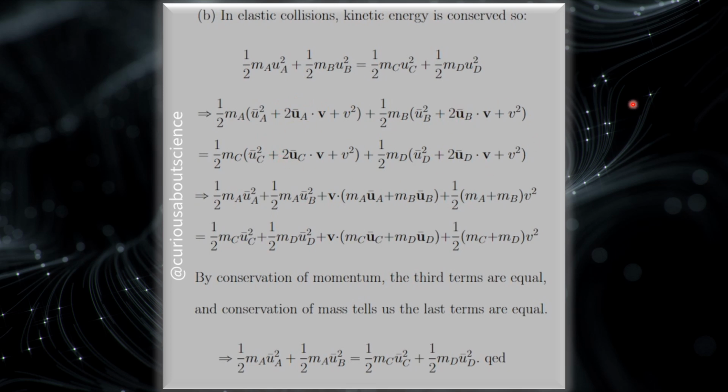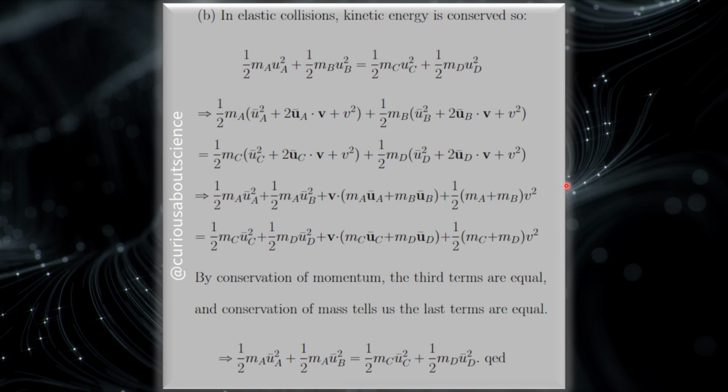So by similar methods, go ahead and distribute, and then collect the dot product of v's with the masses, and then collect the mass terms with v's as well. Basically, get all the velocities with u's on one side and all the velocities with v on the other, and do that for both sides of the equation.